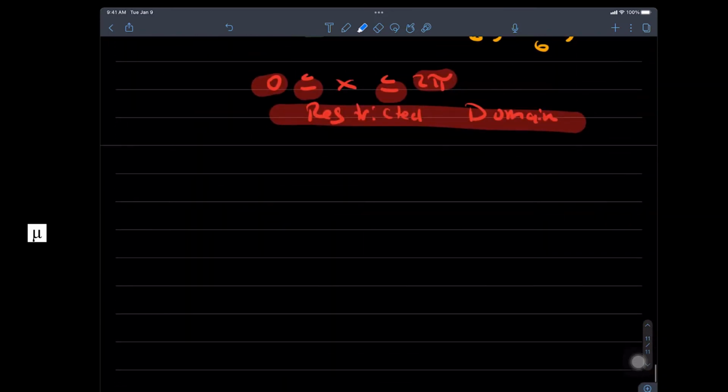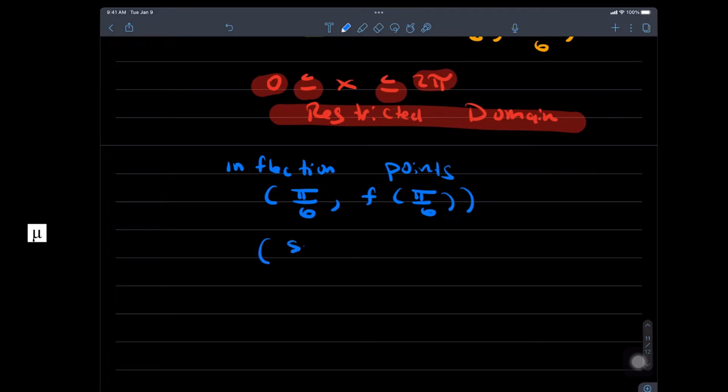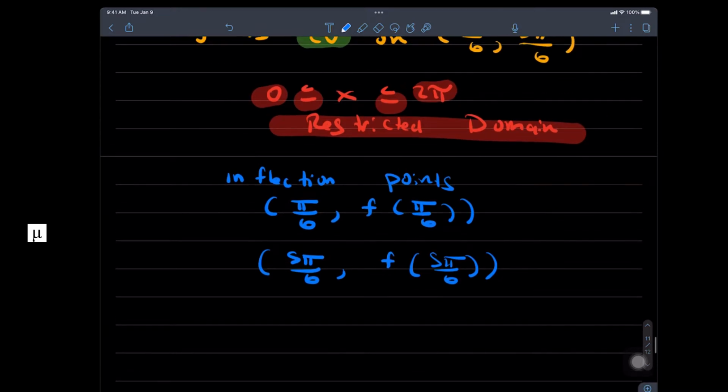Anyway, let's call that inflection. It's a coordinate point, not an interval. Pi over 6, I'll say f of pi over 6. I won't go back and get it. What's the other one? 5 pi over 6? Okay, so here are your inflection points.